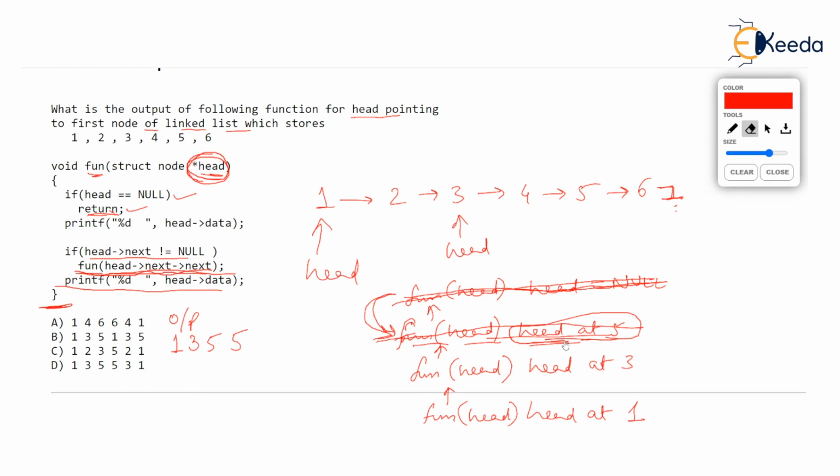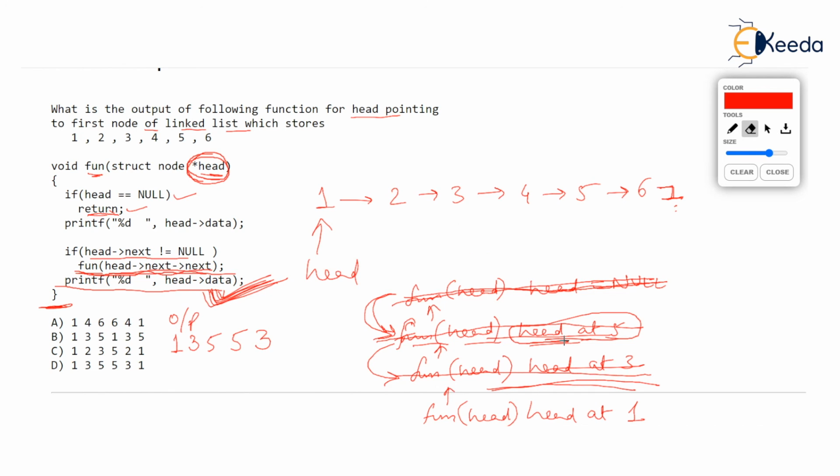And we are back to fun head with head at 3. We are back to this function, and come on, this function will also resume with the printf, isn't it? Because it has finished its recursive call and it is coming back from the recursive call. So it will resume with its printf, printing 3, head arrow data is 3, and the function will end. The function ends, destroying its parameter 3.